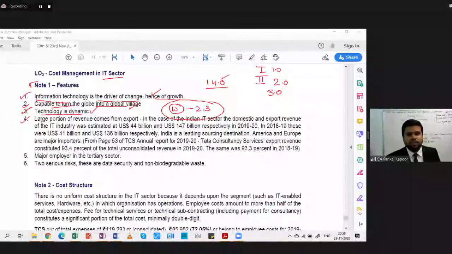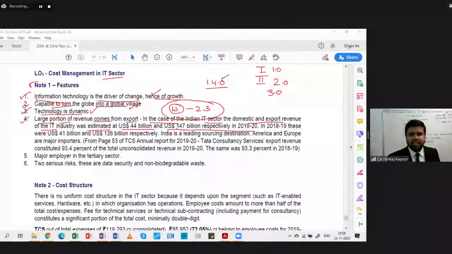Moving further, a large portion of the revenue comes from export. In case of the Indian IT sector, the domestic and the export revenue was estimated as $44 billion and $147 billion respectively in 2020.